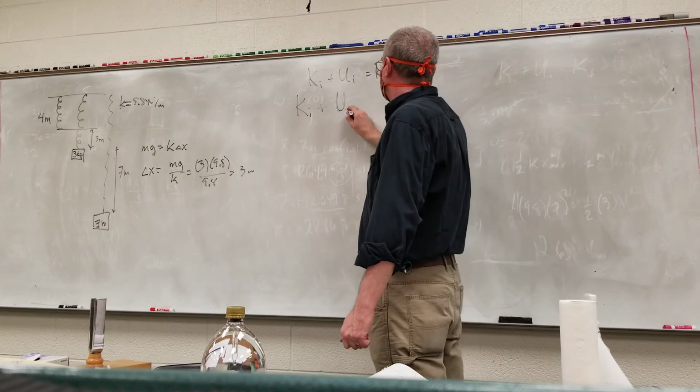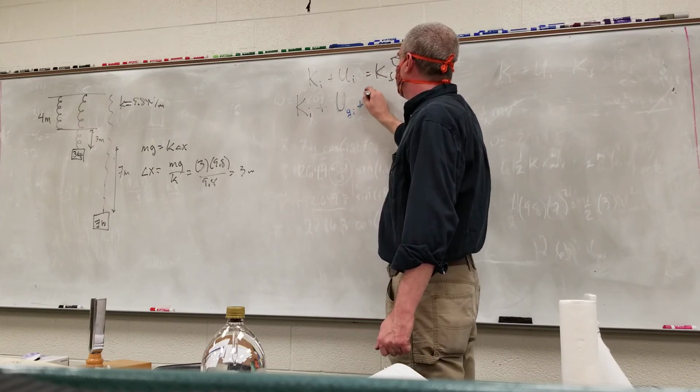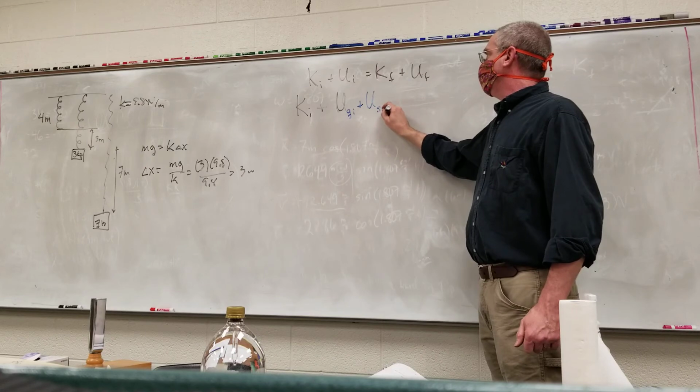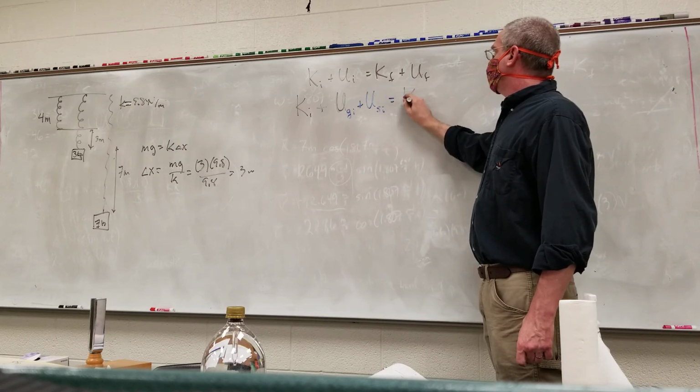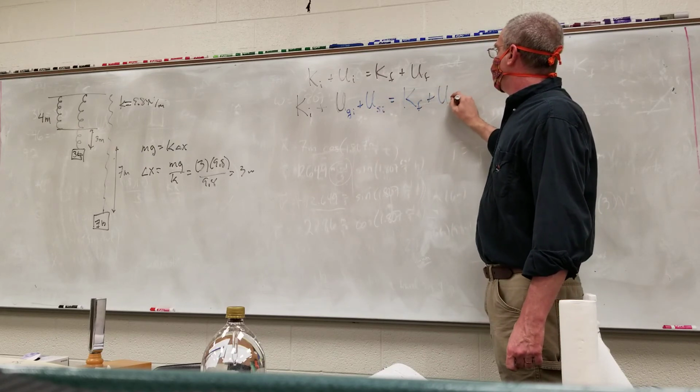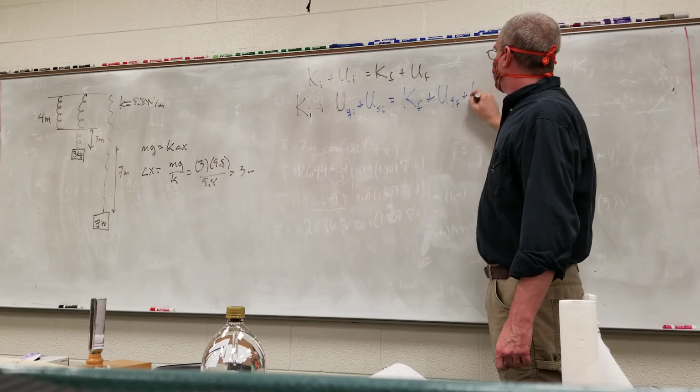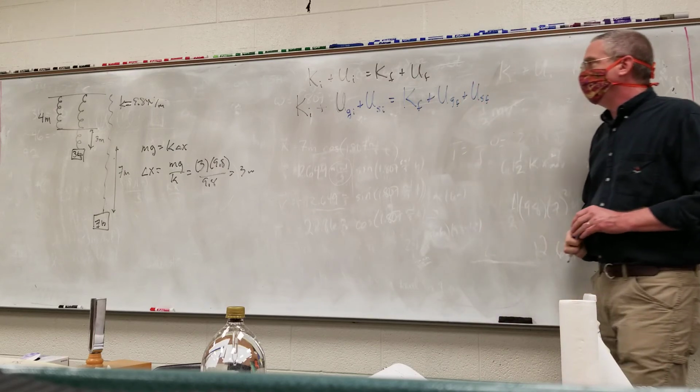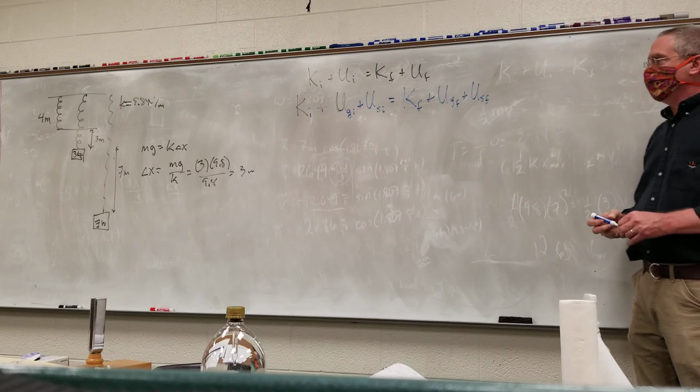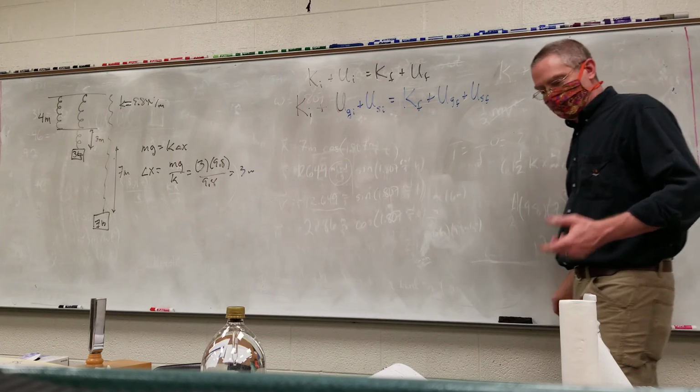We have the gravitational potential energy, and we have our spring potential energy, equal to K final plus UG final plus US final. You know the formula for kinetic energy in your sleep.